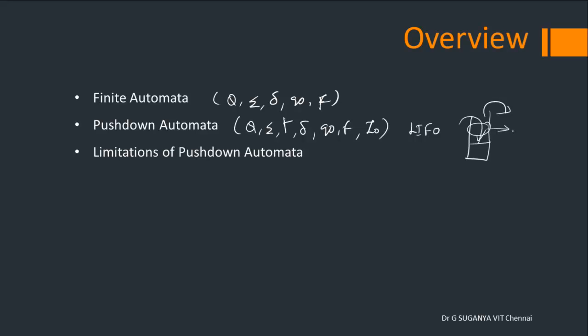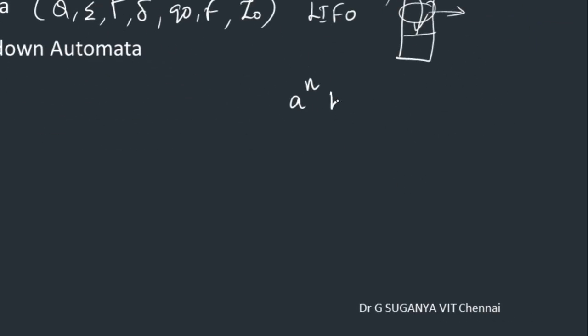Let us see one sample language, let's say a power n, b power m, c power n, d power m. We have only one stack. If it were multi-stack, fine, I could insert A's onto one stack and B's onto another stack and check.